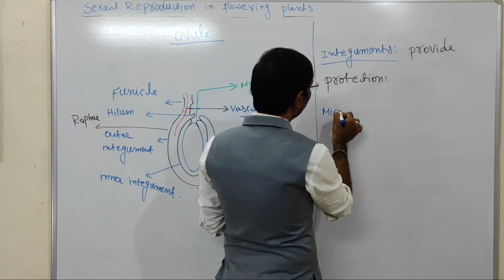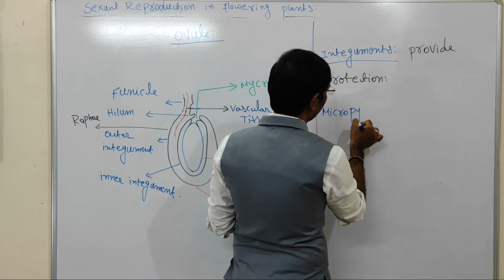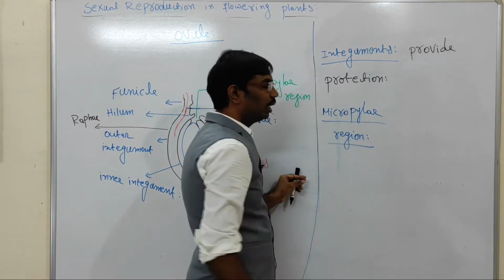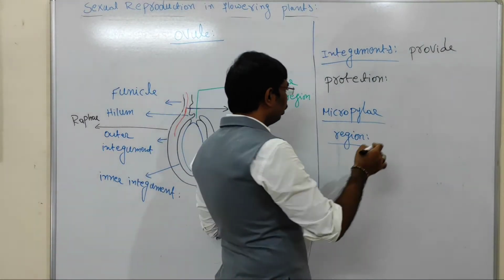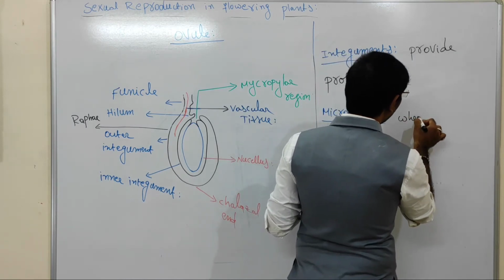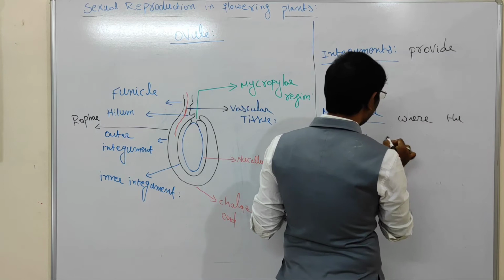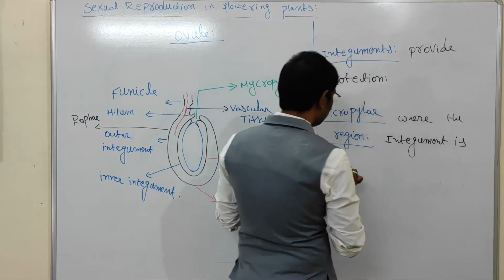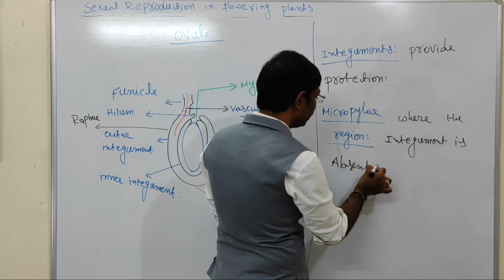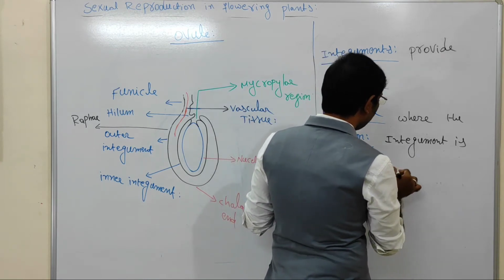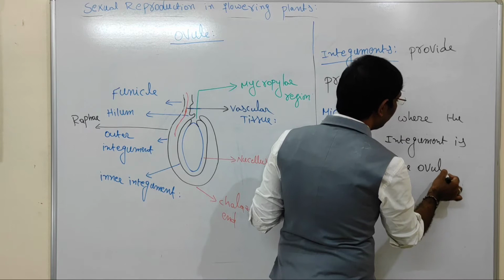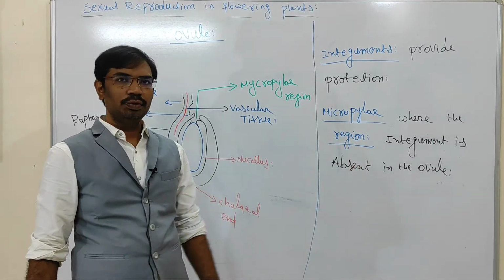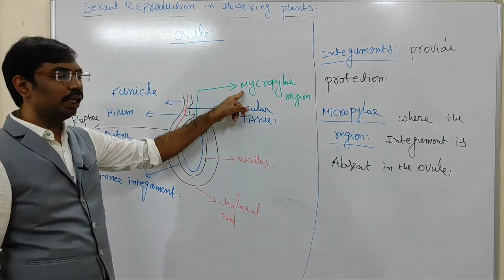In the ovule, the region where the integument is absent is called the micropylar region.